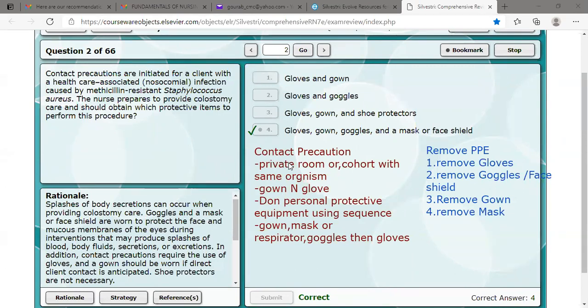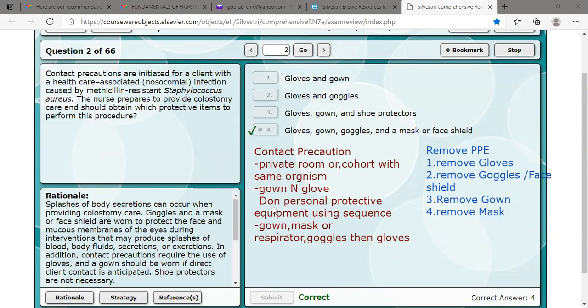It is good to give them a private room or cohort them with the same organism. We call this cohorting. Also, wear gown and gloves upon entering the room, and change the gloves after contact with infected materials.